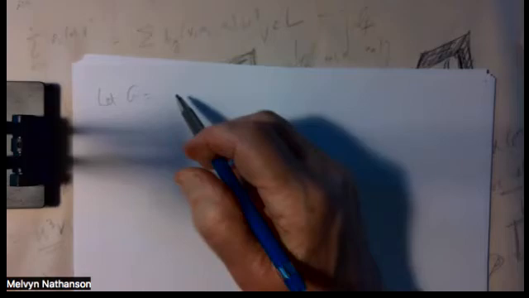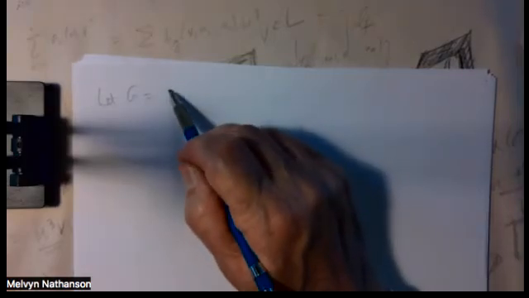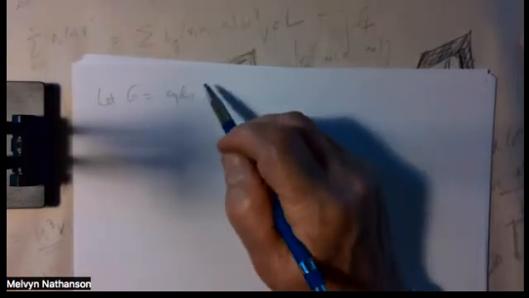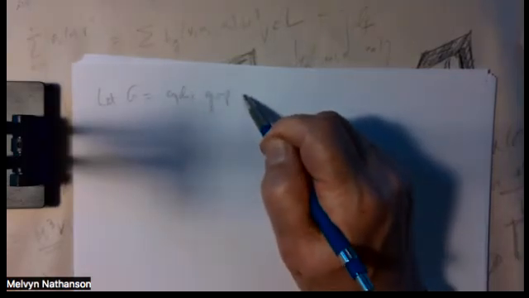Suppose I let G be the cyclic group of order 15. So it's generated by some element a. So I can write the elements as a squared up to a to the 14th, where a to the 15th is the identity.